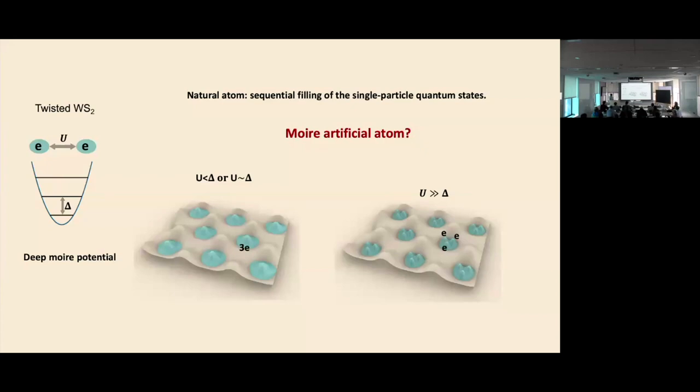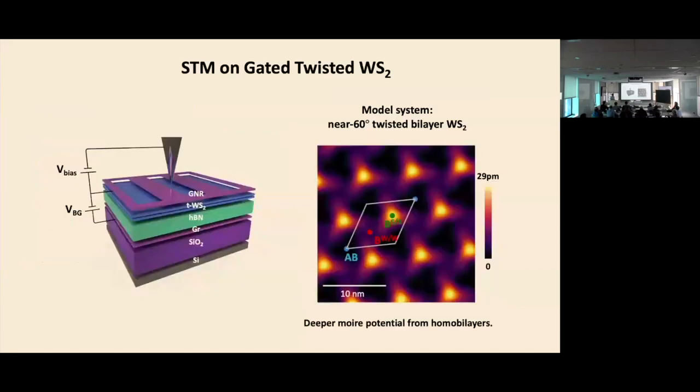In order to see this electron lattice, we will mostly use scanning tunneling microscopy because it has very high spatial resolution. And in order to create this model system where we want a very deep potential so that it can hold many, many electrons or holes, we will mostly use near-60-degree twisted bilayer WS2.